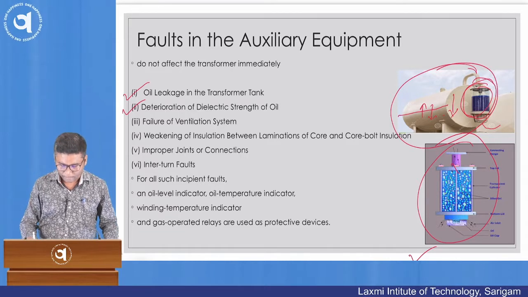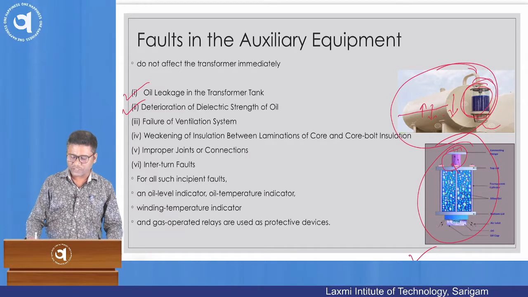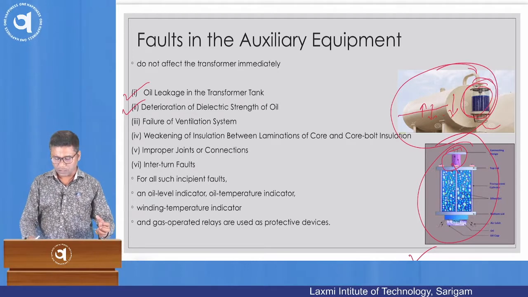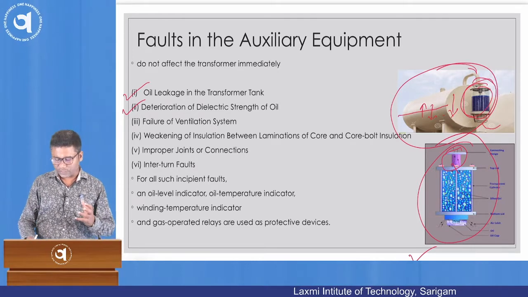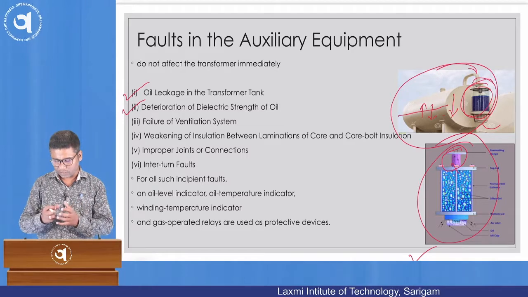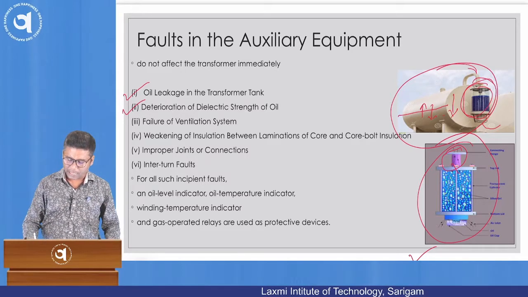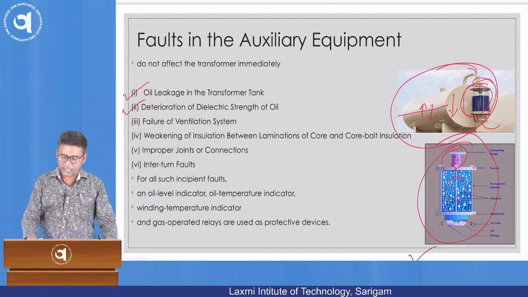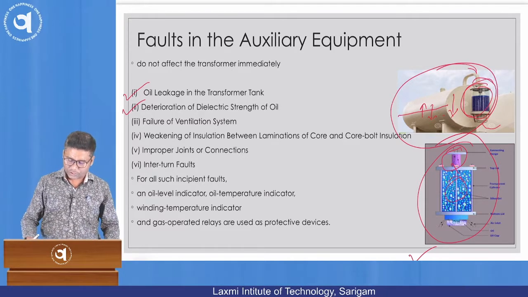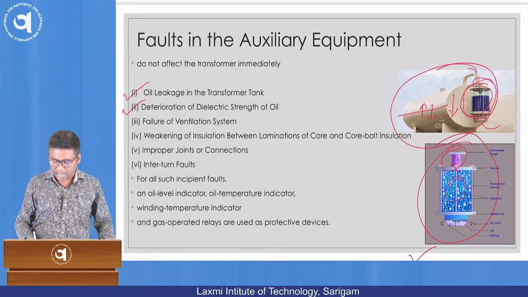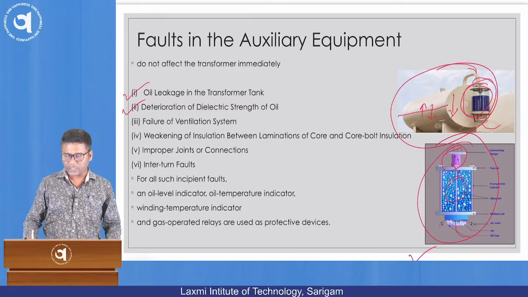One is an oil cup, initially having oil which consumes the moisture from the air, and then the air is passed through silica gel. Once again, silica also takes all the moisture from the air, and dry air enters the conservator tank.